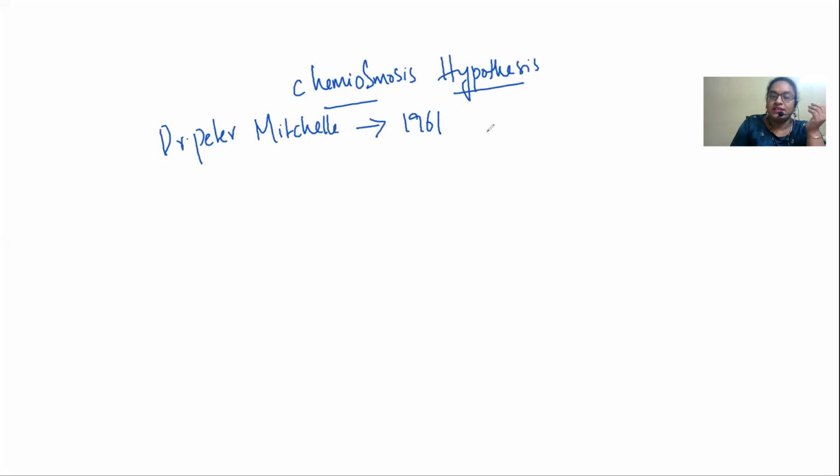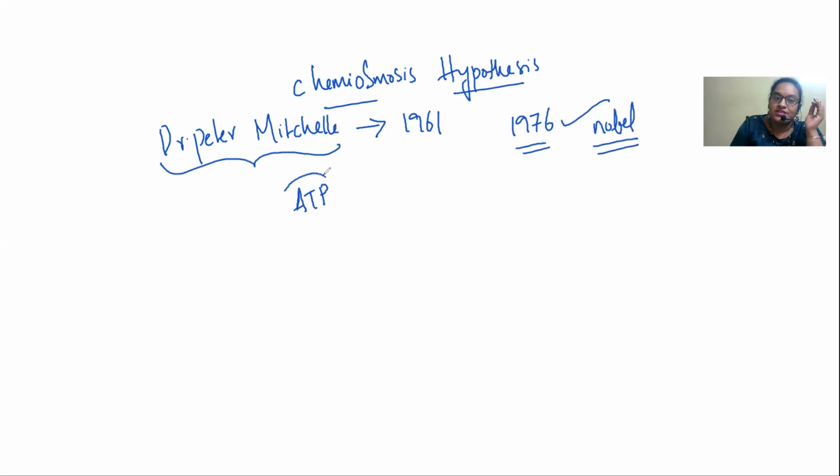But later, after a long wait of patience, in 1976, around 15 years, he received the Nobel Prize. What he was proposing was that the ATP molecule, which is an energy-rich molecule, gets generated when there is a flow of protons from higher concentration to lower concentration.